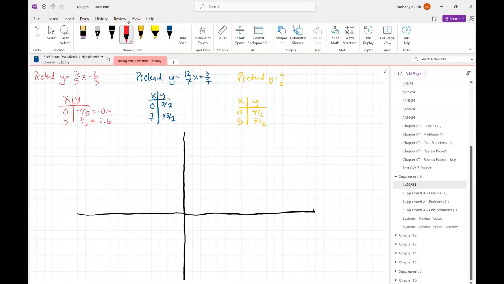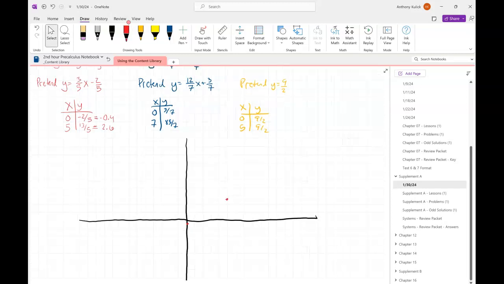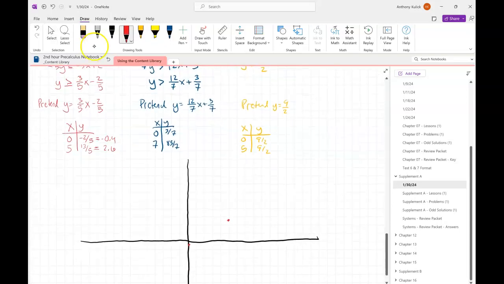All right, so I have 0, -2/5, and then I have 5, and 2.6. All right. So now I'm going to go back and look at my inequality. Notice my inequality was a greater than or equal to inequality.